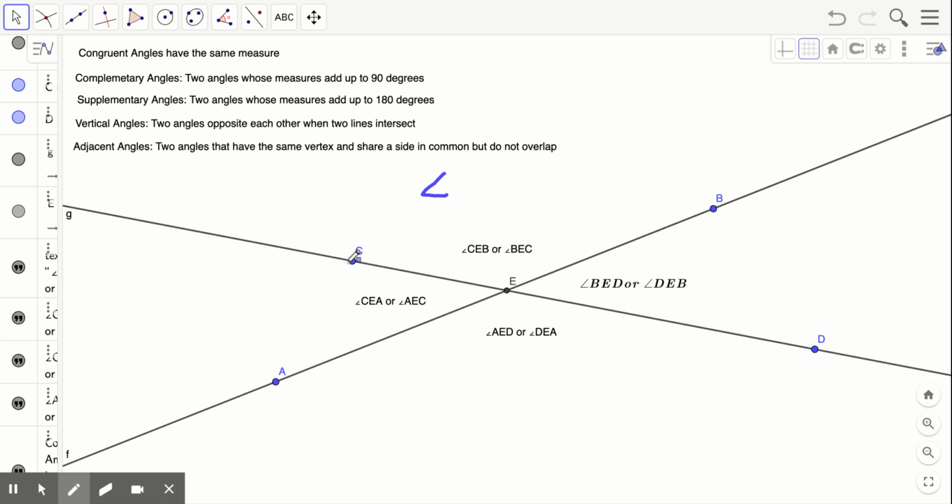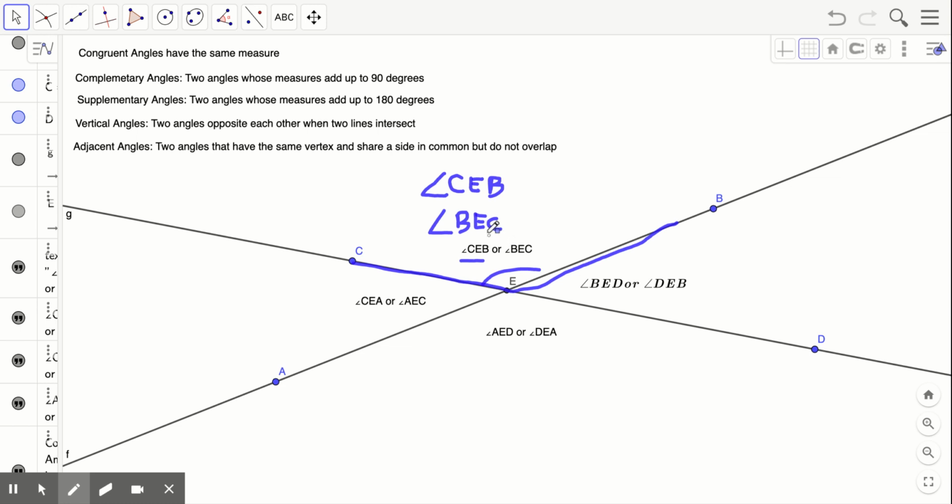So if we look at this top angle here, I either have to start with the C and say I have a vertex at E, and then I go through B. So that's why I have this angle CEB. But there would be nothing wrong with me doing it the other direction, going from B to a vertex E and out through C.